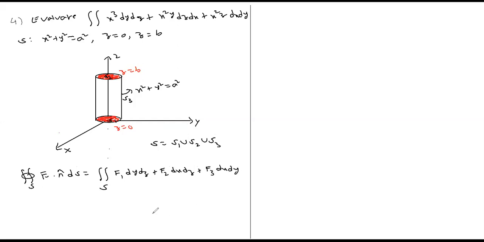So in our problem, what is f bar? The first component is x cube i bar, plus x square y j bar, plus x square z k bar. And what is del dot f bar?